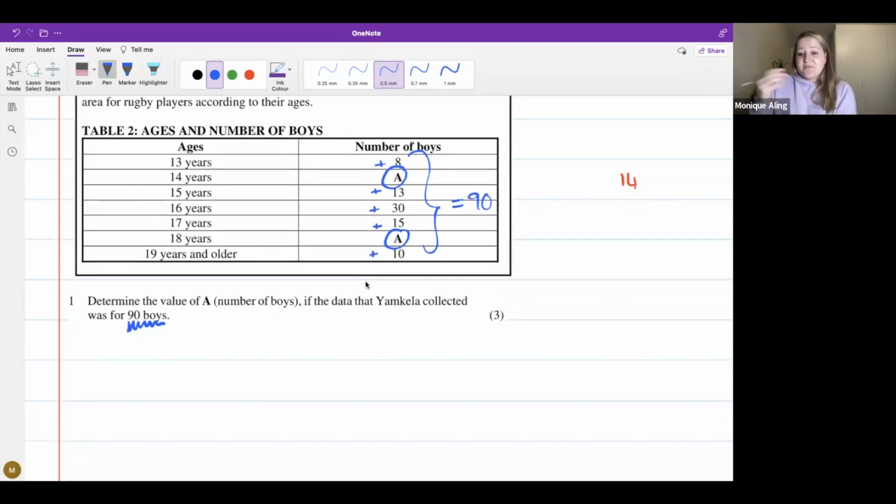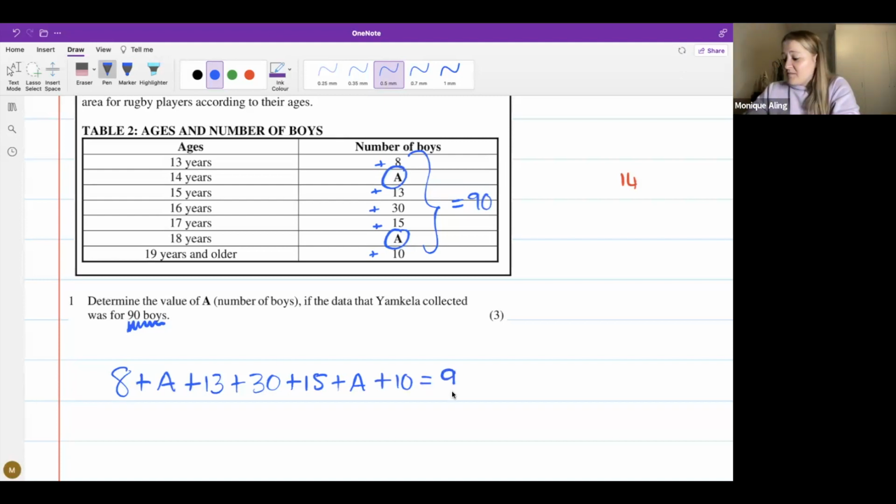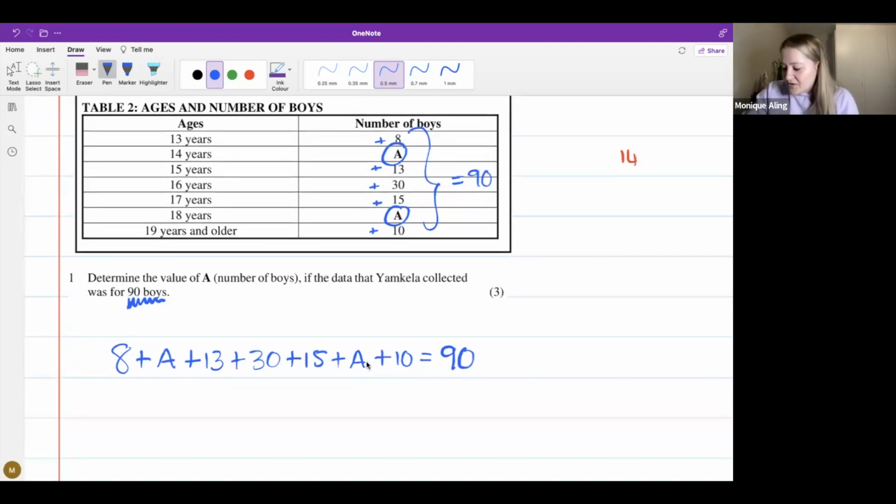So I added what I've got there and said it equals 90, because if I say 8 plus whatever the A value is, plus 13 plus 30 plus 15 plus whatever the A value is, plus 10, and I add all of that up, it's going to give me 90. So I know it has to equal 90. But now we have two variables in here, two letter A's.